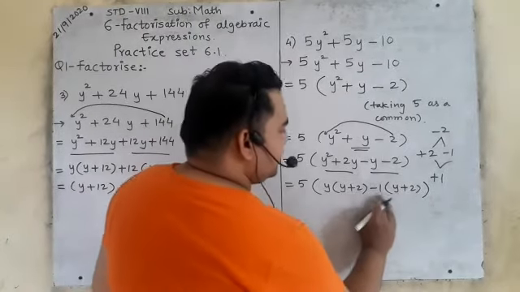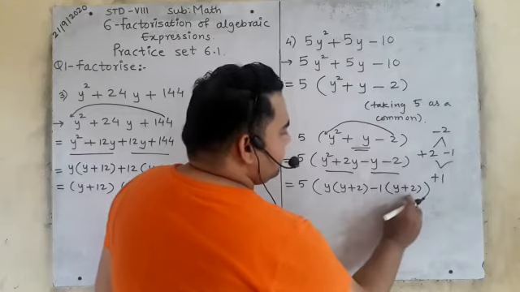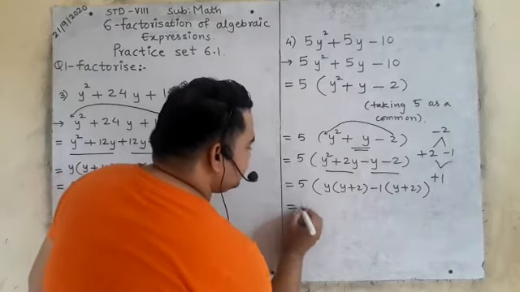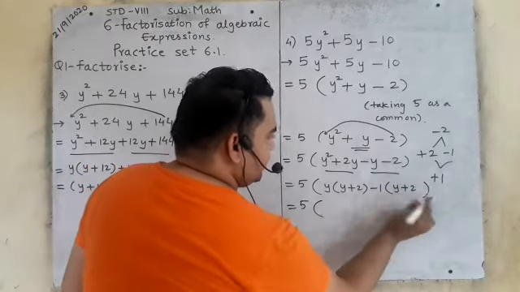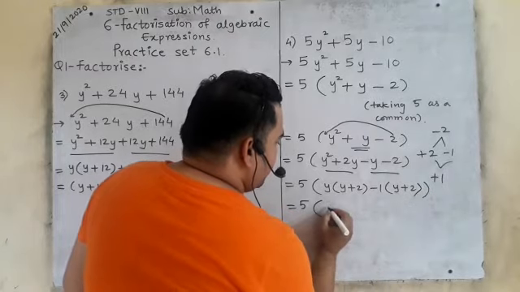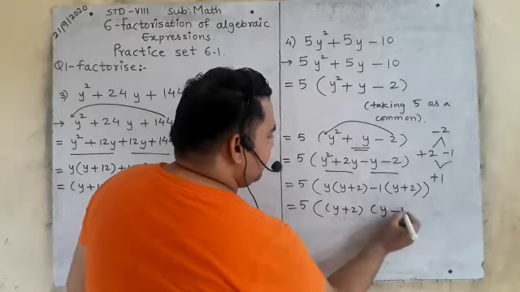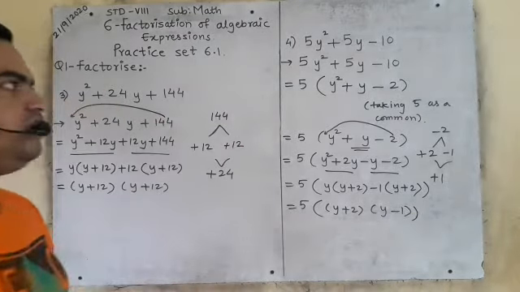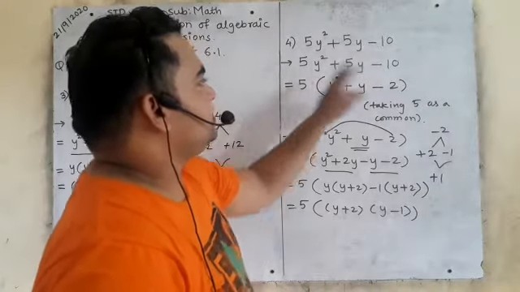Look here, check it: minus 1 times y is minus y, and minus 1 multiplied by plus 2 is minus 2. So now what is your answer? 5, and which bracket comes twice? y plus 2. And what remains? y minus 1. So this is your answer. I hope you understood here. See, 5 is common.